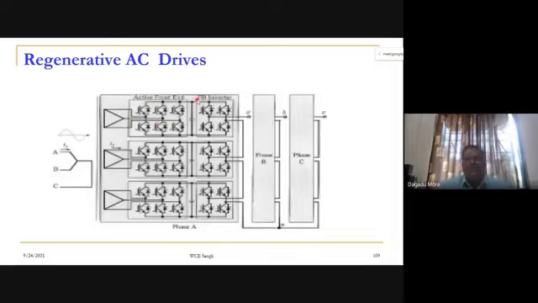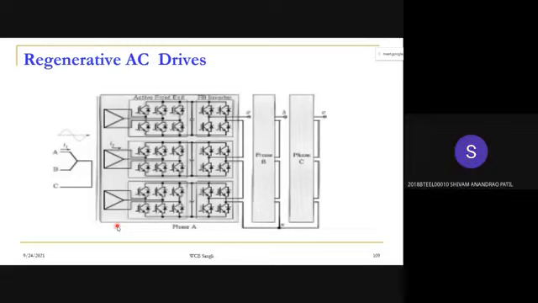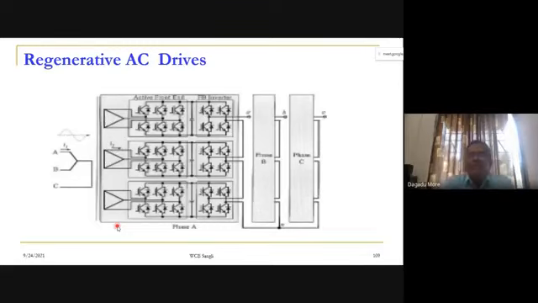So each H bridge is supplied with a PWM rectifier. And how many PWM rectifiers will be required for this total drive? One leg requires 3, so total 3 legs, 9. So we require a total of 9 PWM rectifiers.